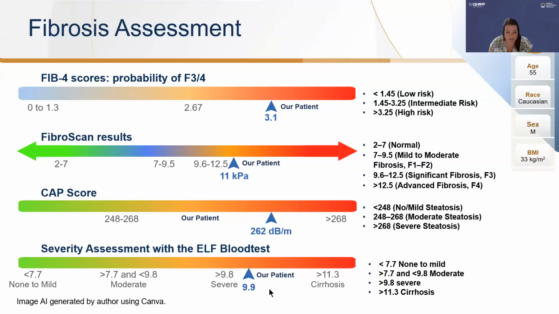The CAP score is the measure of how much fat is found when you do a FibroScan. And then the ELF blood test. This is a proprietary blood test that you can send out. Patients may have concerns with insurance coverage. That's definitely something that can be looked into. But again, it's a proprietary test that will give you a fibrosis score.